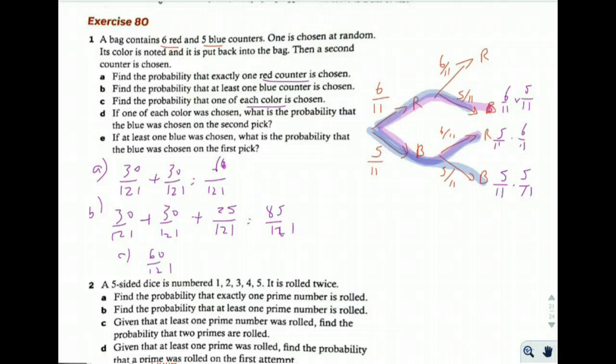So C is the same as A. D. If one of each color was chosen, what is the probability that blue was chosen on the second pick?